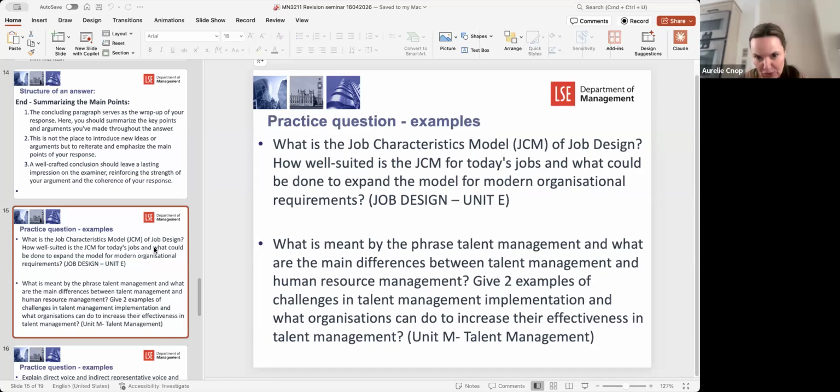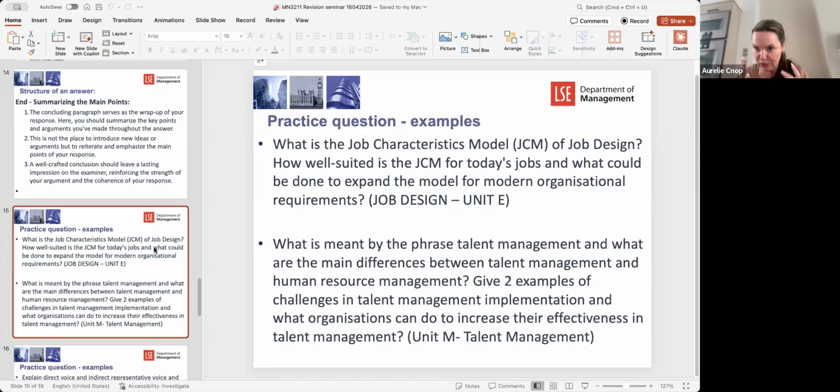So in this second question, what you want to avoid is defining talent management for 300 words. Let's say the maximum is 600 words per question. And then defining human resource management for 200 words, and then you have 100 words at the end just comparing the two. That is too descriptive. What you want to do is immediately answer the question at hand, which is what are the main differences between talent management and human resource management.